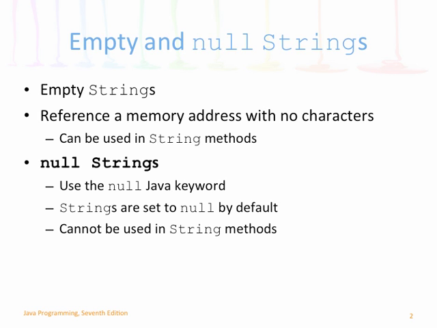So null means that there's absolutely nothing there, and strings are set to null by default, and then when you assign them a value, they actually go out in memory and create the object. You can't use null for string methods, and it's important that we learn how to check to see if a string contains null before we try to apply methods to it, because we can get an exception thrown if we try to reference a string that is actually a null.